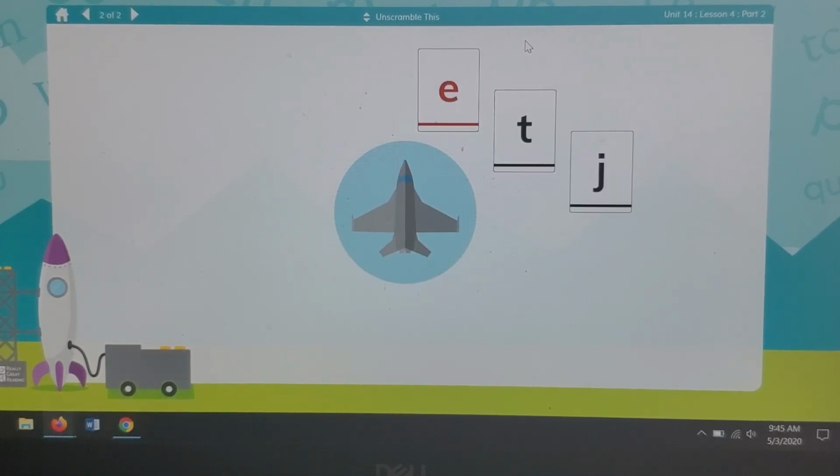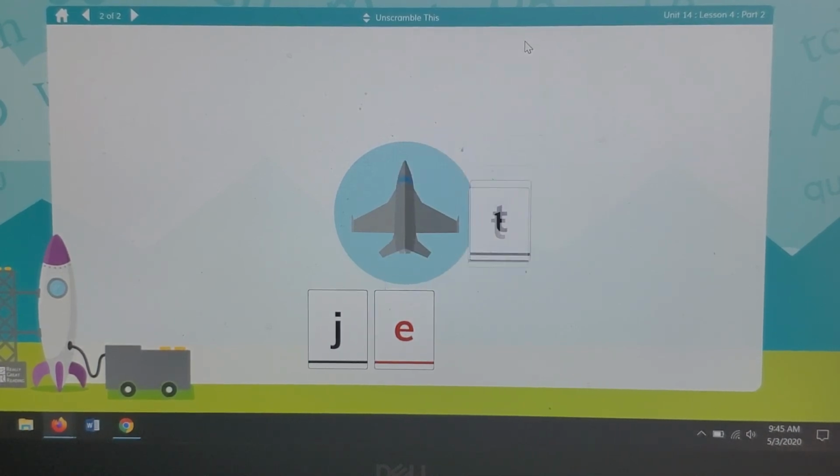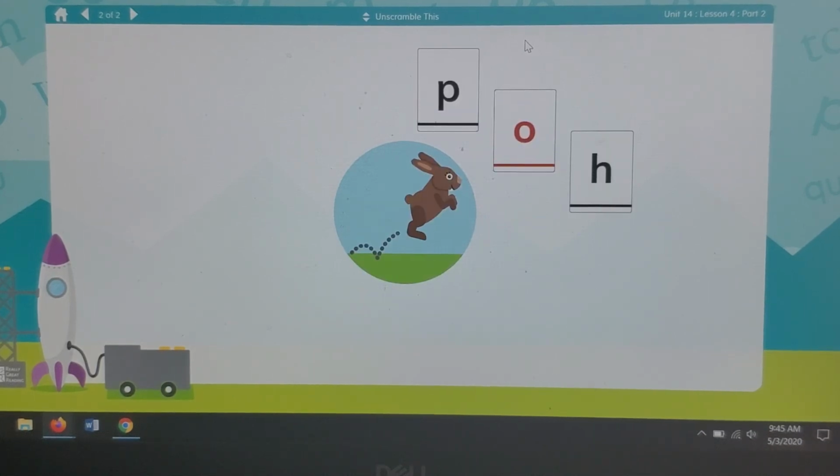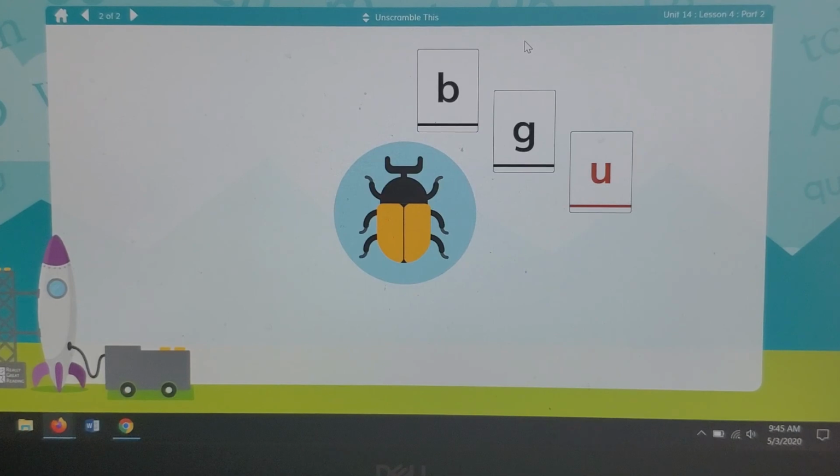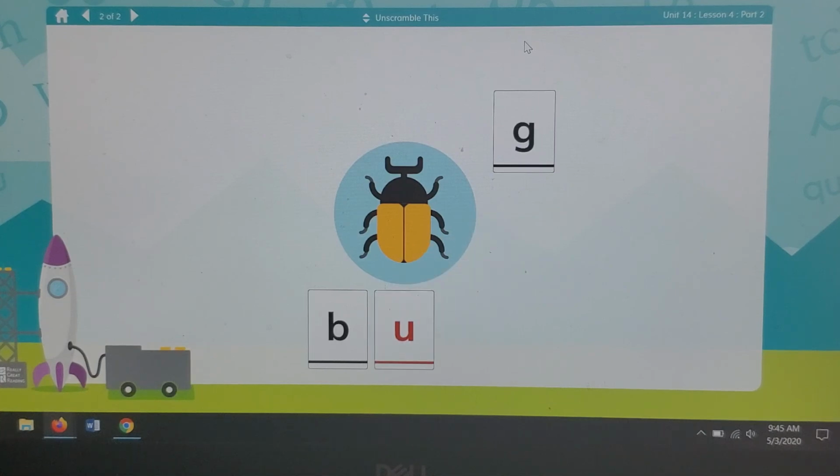Jet. J, e, t, jet. Next we have hop. H, o, p, hop. Next we have bug. B, u, g, bug.